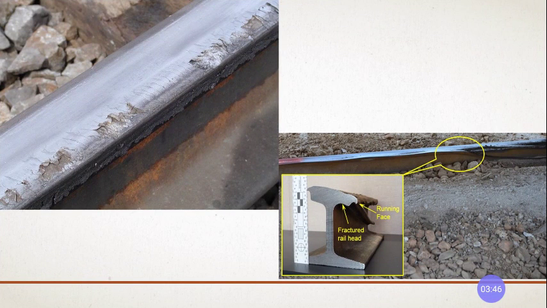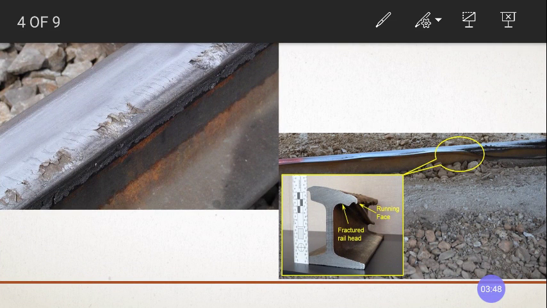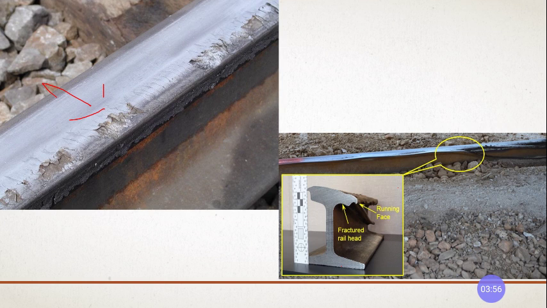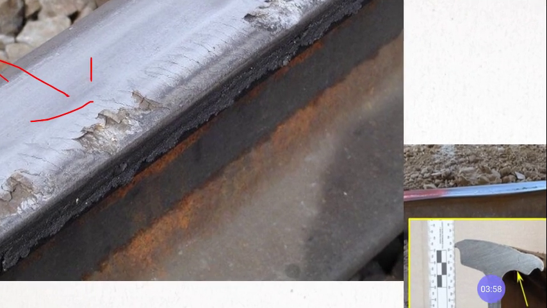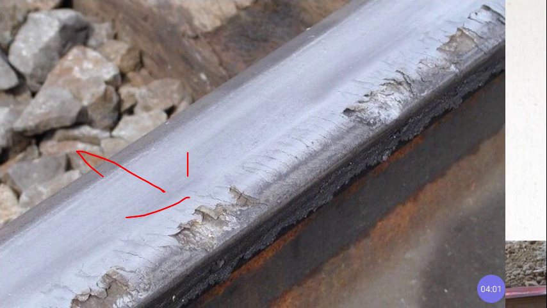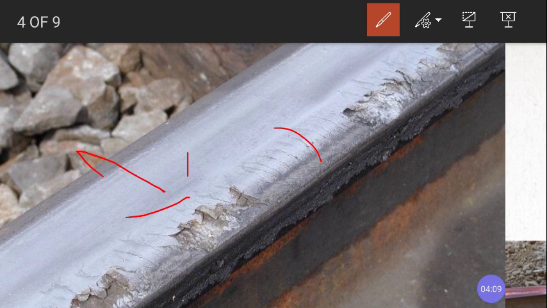Can you see this image here? This is wear on the head, right? And can you see this image here? This happens when continuous movement of trains happens and sudden brakes are applied. You can also see that the sides of the head are also worn out.